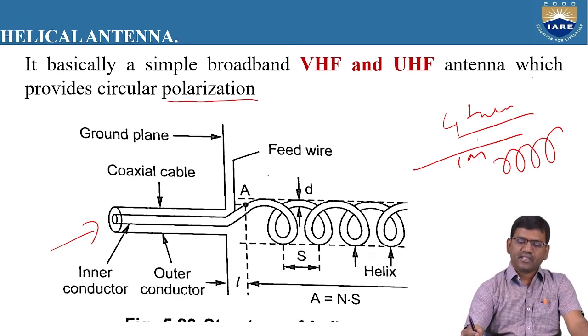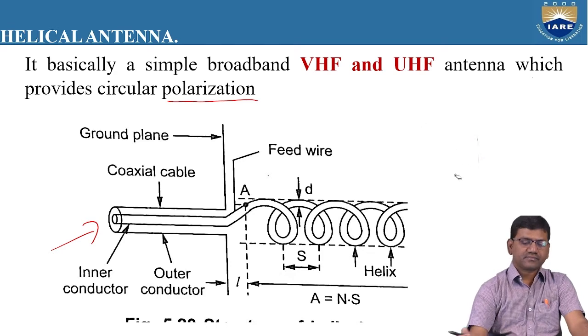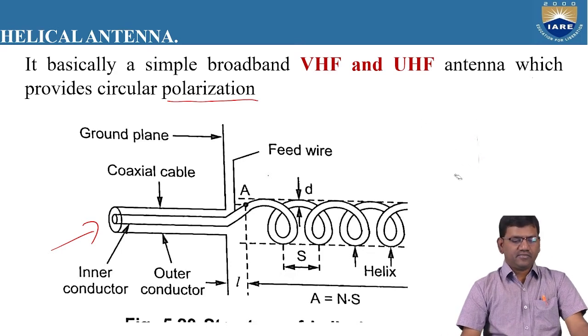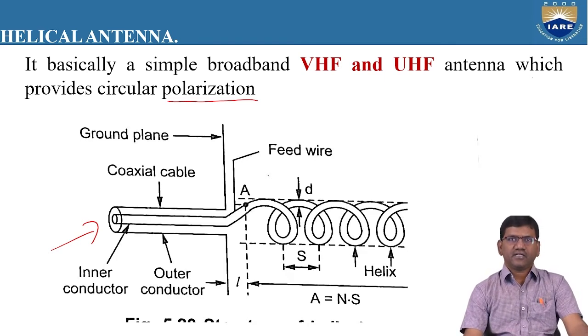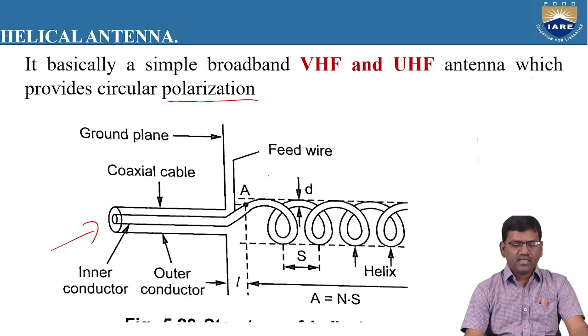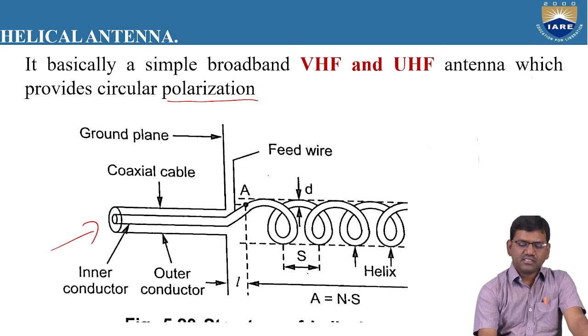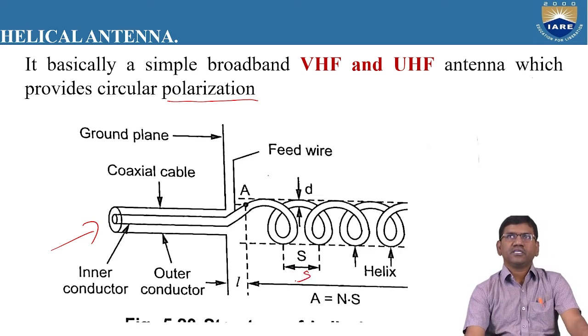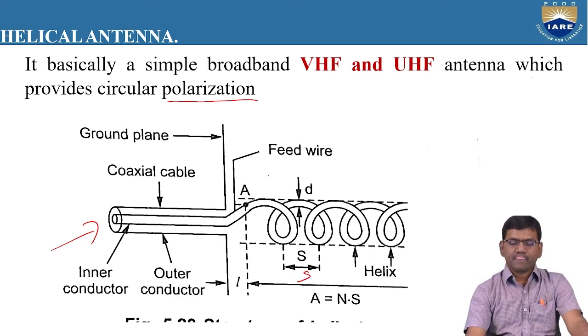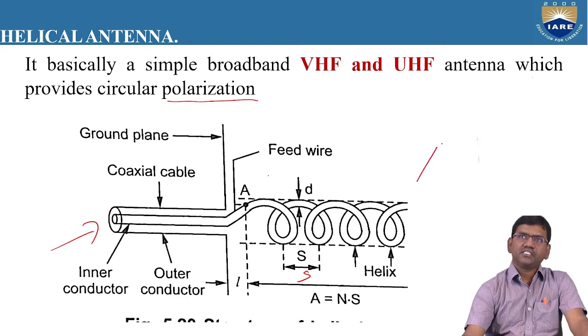Internally there is one conductor, which we call the inner conductor, and externally there is another conductor, known as the outer conductor. The spacing between the two turns is taken as S. And this helical antenna is made up of a material called helix.